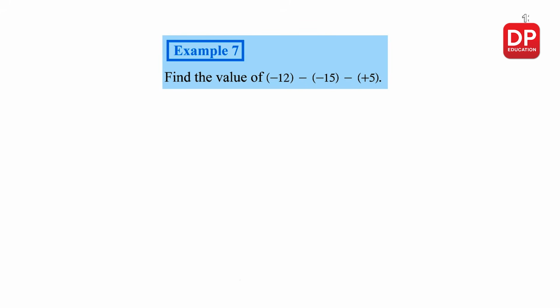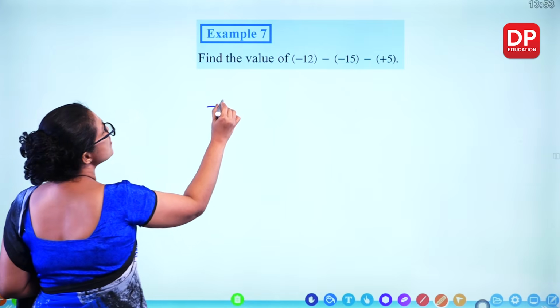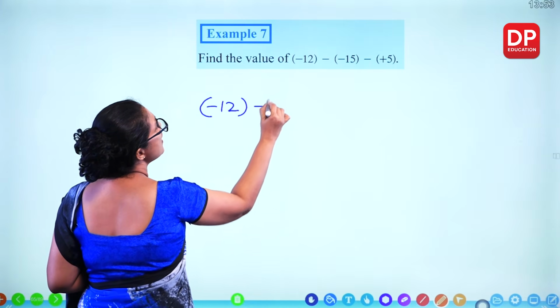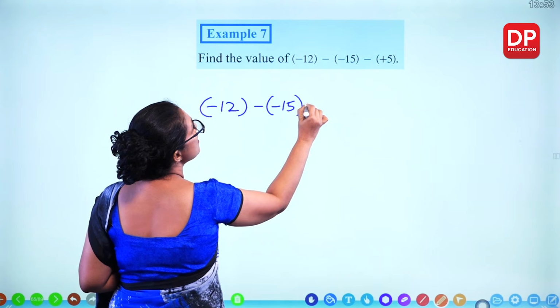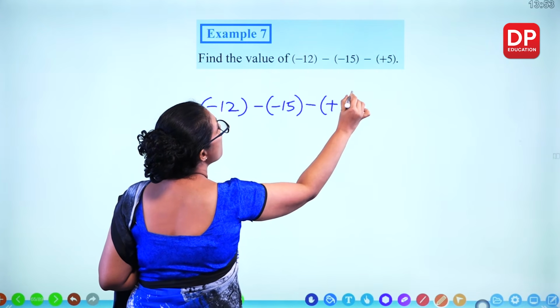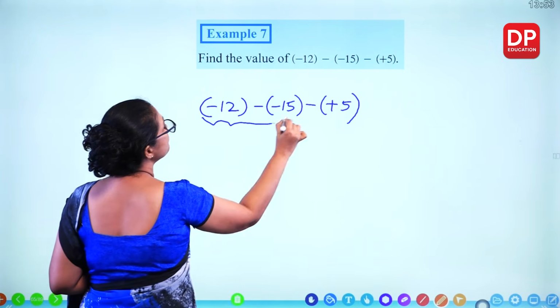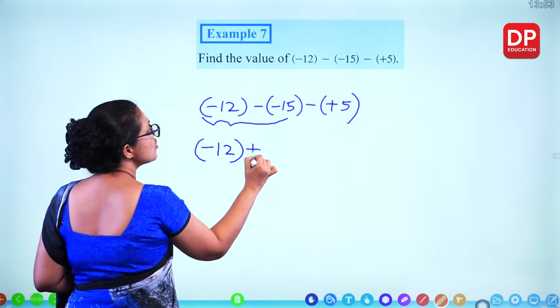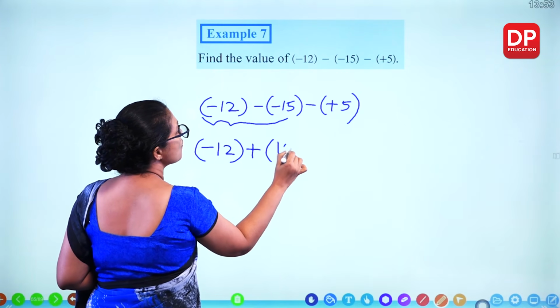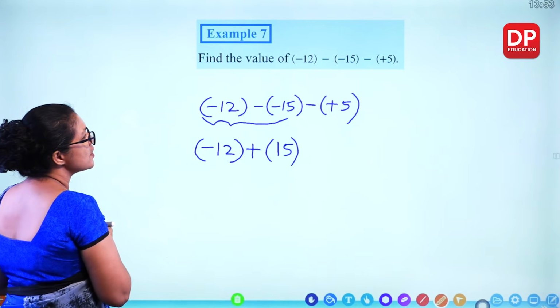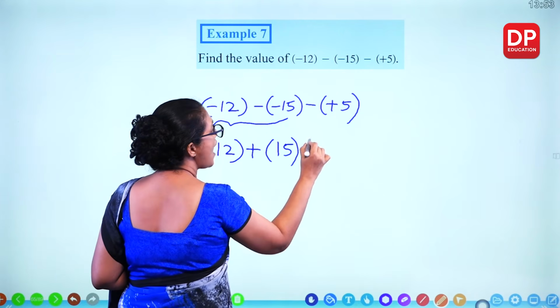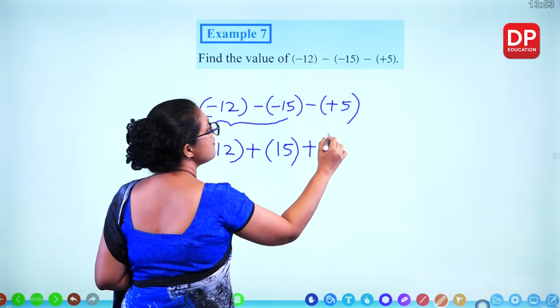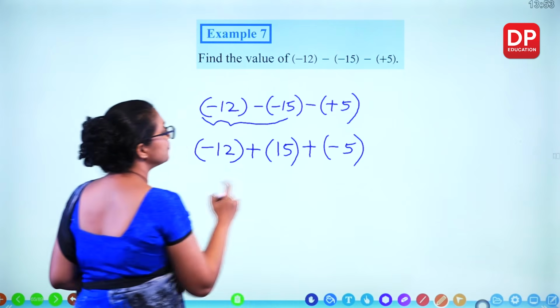Example 7. Find the value of minus 12 minus 15 minus plus 5. So these two I can convert. Minus 12, addition of additive inverse of that, plus 15. And here also adding additive inverse, that's minus 5.